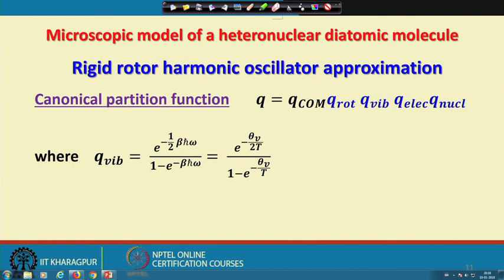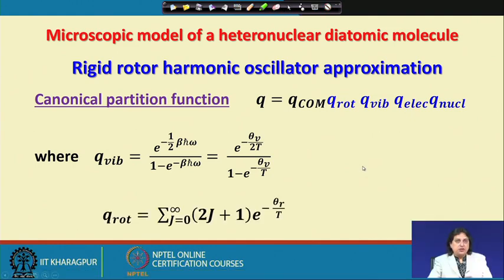Similarly, within the approximation of a rigid rotor harmonic oscillator, q rot is this. Okay?